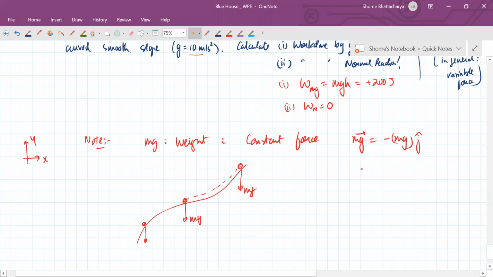So work done by gravity will be the dot product of this with displacement.